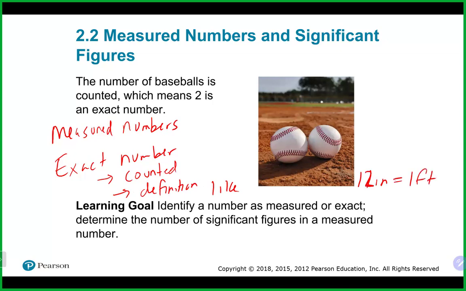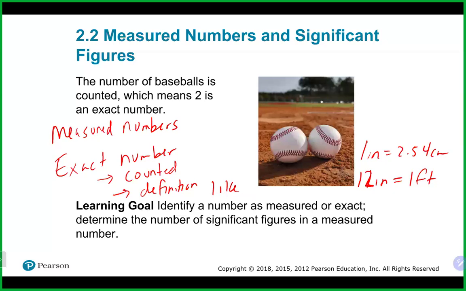There are 12 inches in 1 foot. So that's what's known as an equality. And that basically is what's considered a definition, or what we saw earlier, 1 inch is 2.54 centimeters. That's also an exact number.